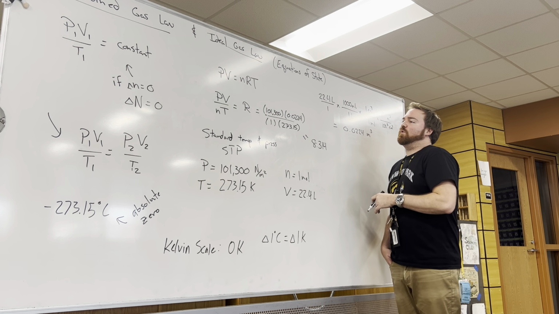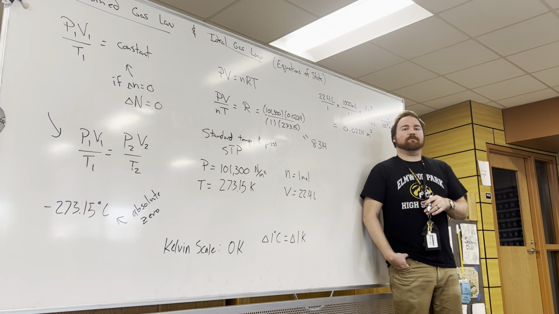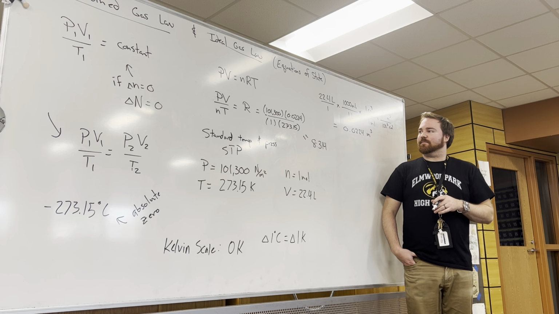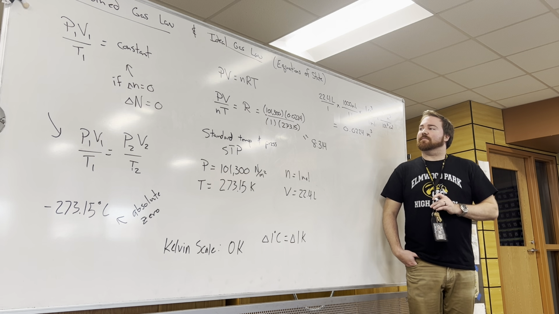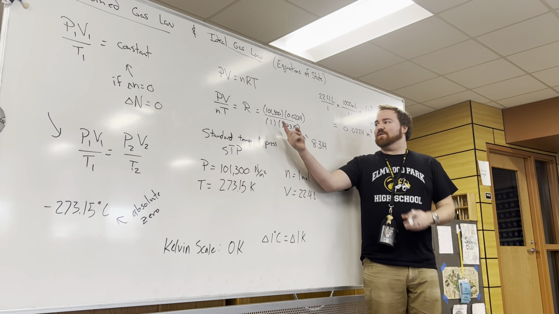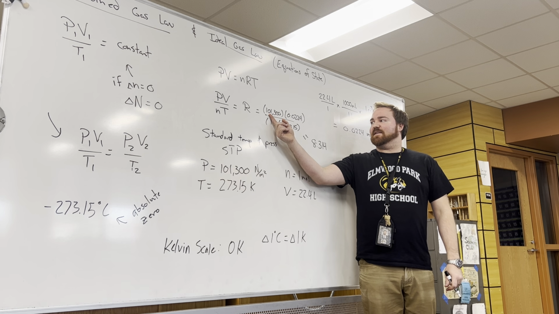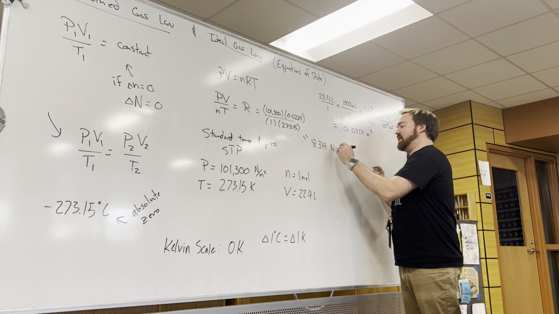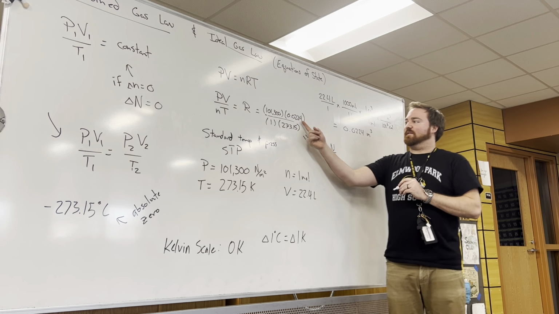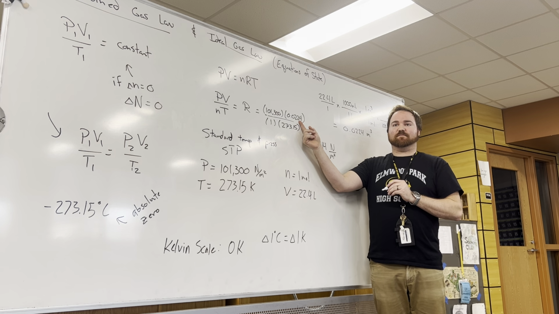Okay? What are the units on this going to be? That's a good question. It's kind of a mess. Okay, so this is in what? Newtons per meter squared. So we have a Newton up top, we have a meter squared on bottom, yeah? This is in what? Cubic meters.